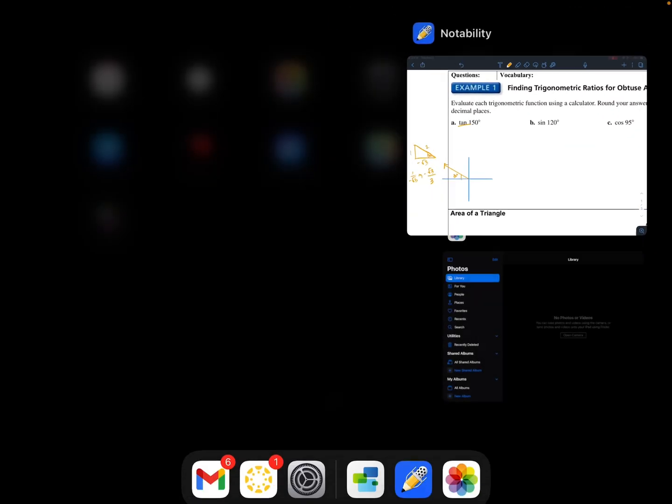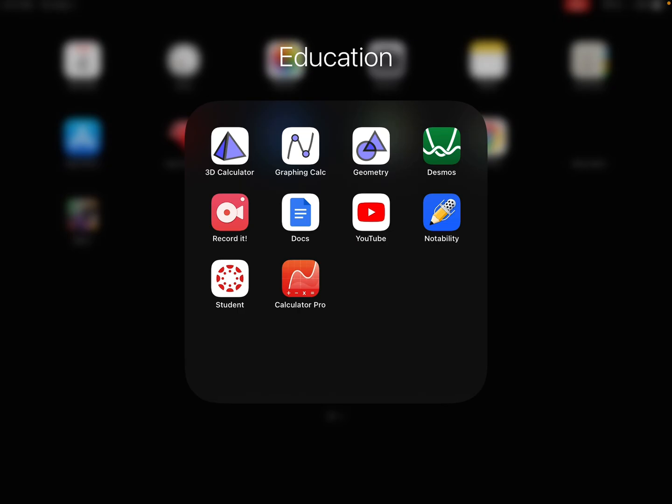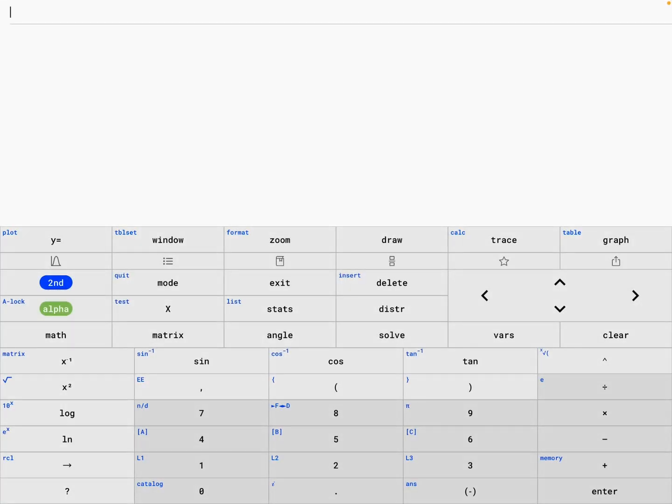So if we punch that into a calculator, negative square root of 3 divided by 3, and we get negative 0.5773.